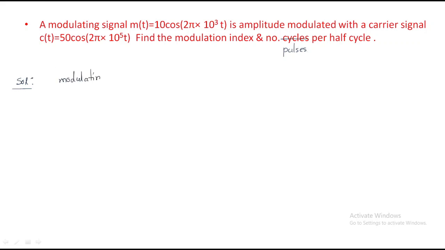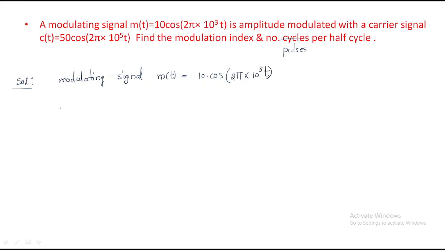So, solution. First, the given data. The modulating signal is represented with m of t, that value is 10 cos 2 pi into 10 power 3 t.